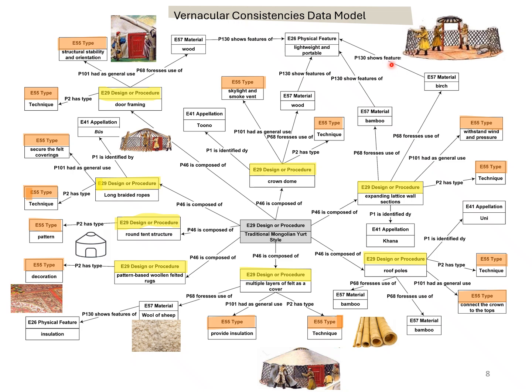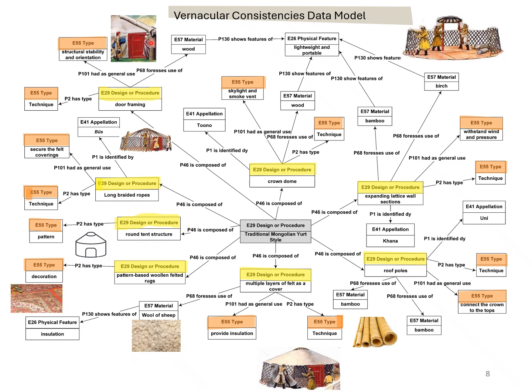To give you an example, construction of the yurt begins with a sturdy rectangular wooden door frame classified as a technique. The door frame is constructed from wood, and it is expressed by connecting the corresponding instance of E29 design or procedure class with the instance wood of the class E55 material through the property P68 foresees use of.